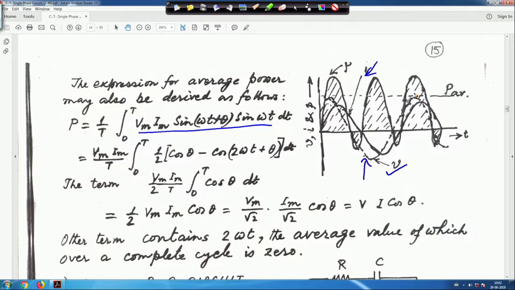Now another way of expressing this is 1 upon T, integral from 0 to T, of Vm Im sin(omega t plus theta) into sin omega t. This is the easier one.